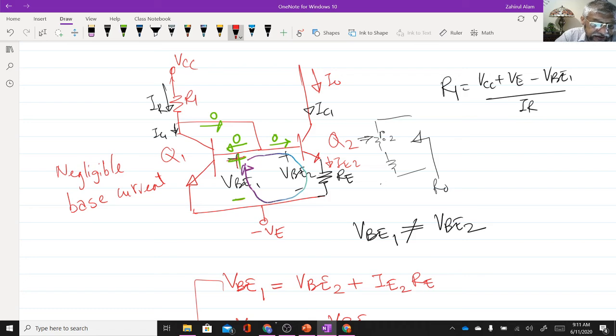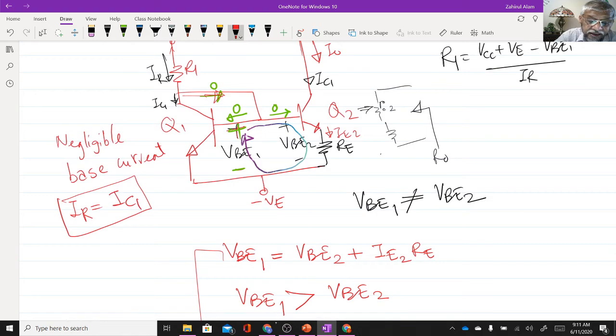then we can write IR equal to IC1 from the input side, because this current is 0. For the output side, because base current is 0, I can write IC2 equal to IE2.